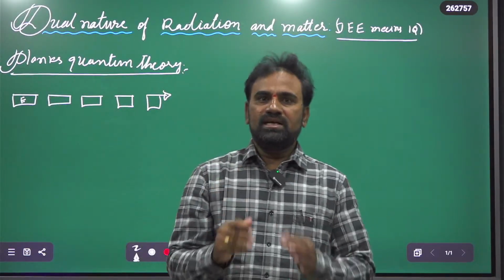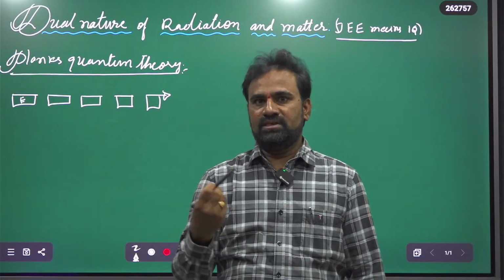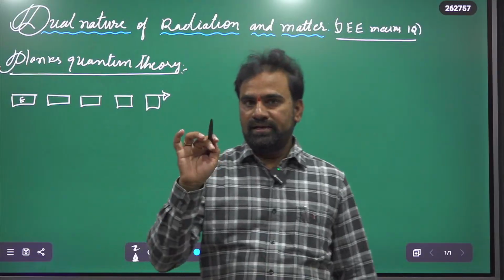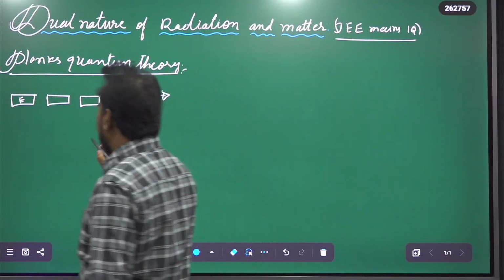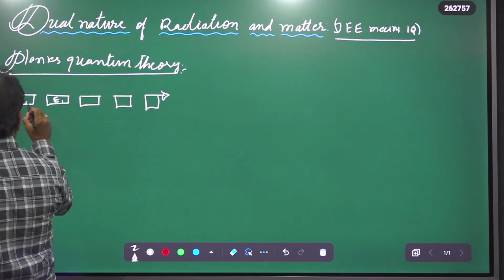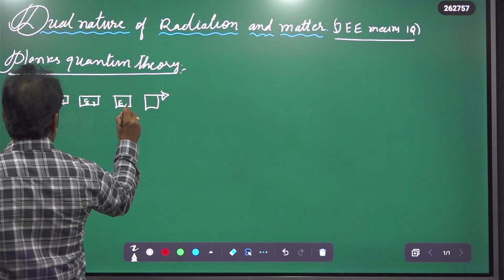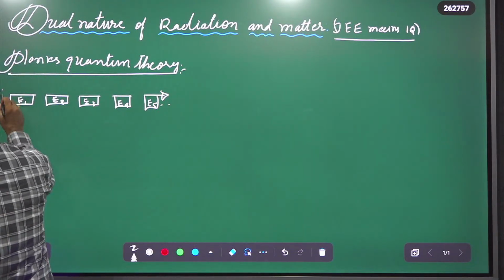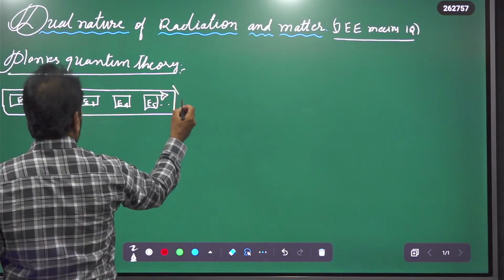If a photon has a large amount of energy, then it vibrates with a large frequency. If the photon has a small amount of energy, then it vibrates with a small frequency. That means each photon possesses a respective energy E1, E2, E3, E4 and E5 like that, and so on. This is the propagation of light in the form of photons.